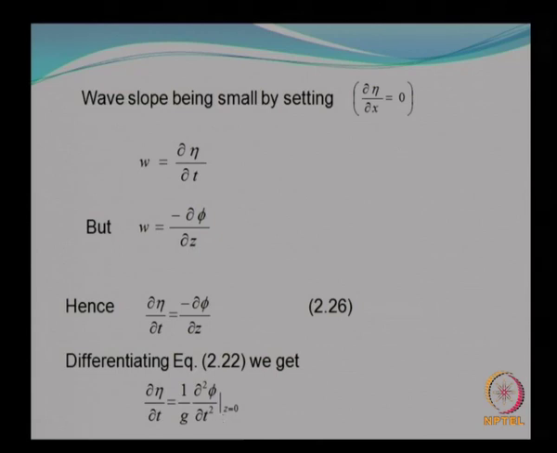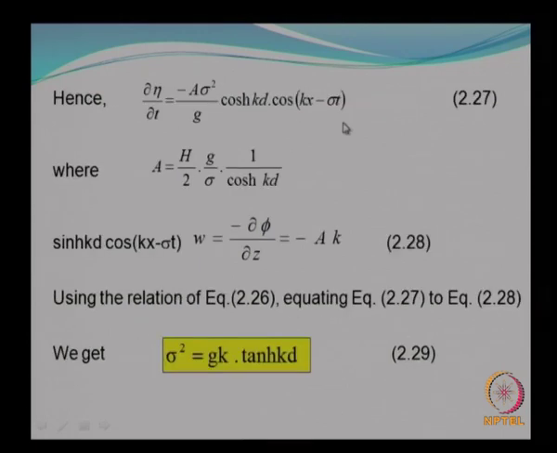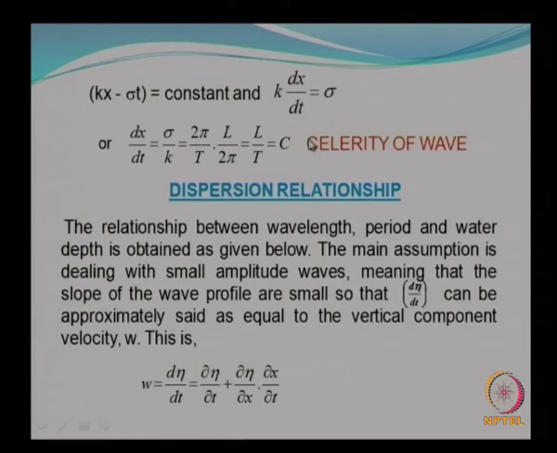Dou eta by dou t, using the free surface boundary condition, I get this equation. Now I can equate this and this. And the velocity potential is already known to you.